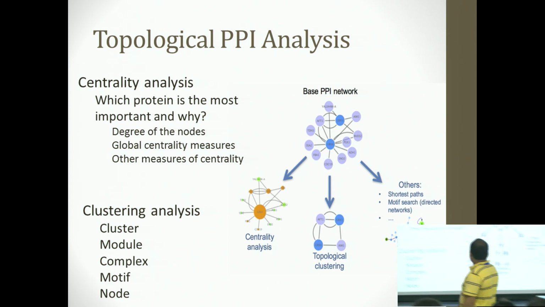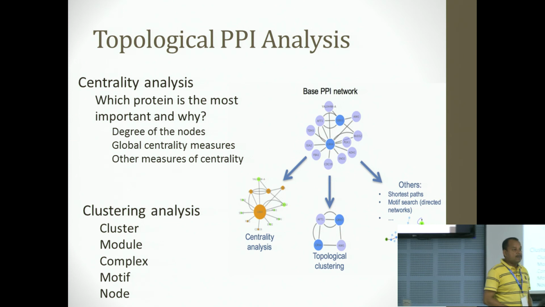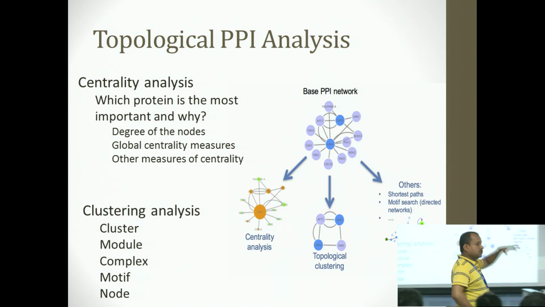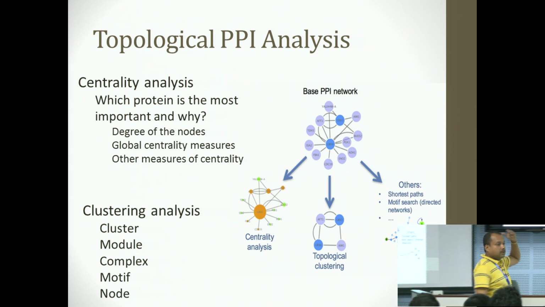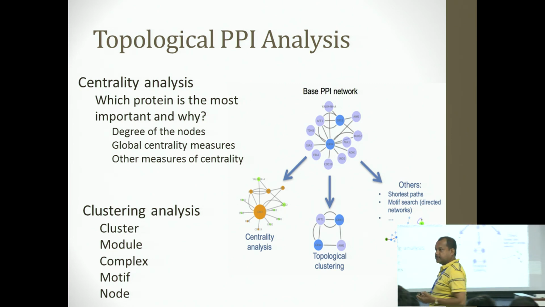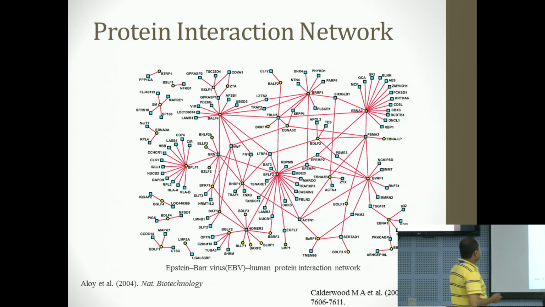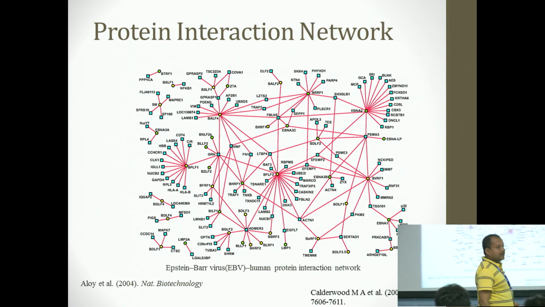Once you have the graph, you can use some topology analysis, like clustering, or you can check which node is connected with how many degrees. Using that you can go for prioritization. So, here is one example, let me elaborate.